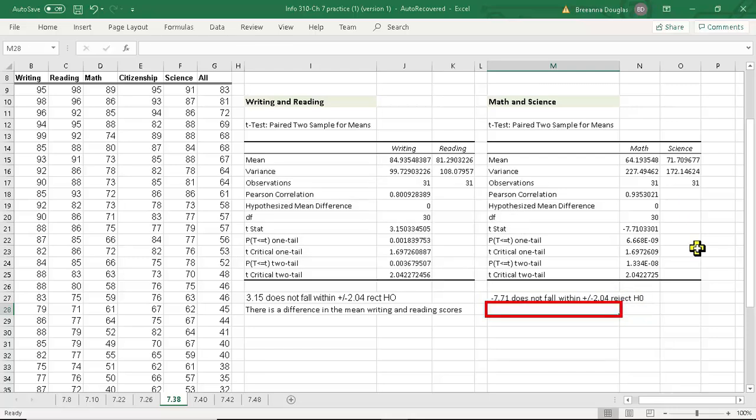Though our p-value of 1.33 is greater than our significance level of 0.05, it would indicate that we should fail to reject the null hypothesis. Because we're getting two different results, we will conclude that, because of insufficient evidence, we cannot conclude that the difference in mean math and science scores equals 0.